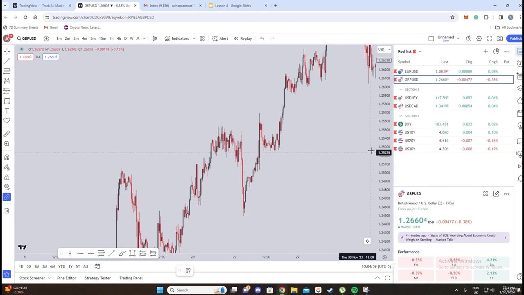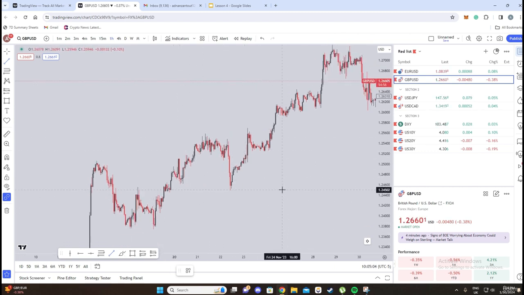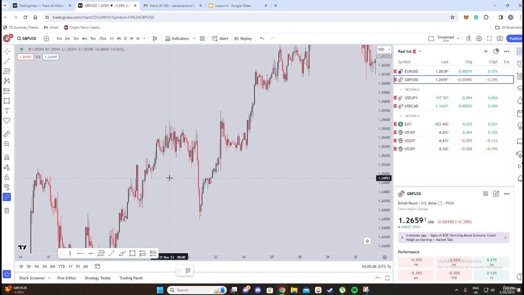Our structure here is bullish. Before a strong bullish move, what you would want to see is a sweep of the sell side liquidity. We get that with this move here, taking out this sell side, coming in to fully fill these gaps with the candle, not with the wicks.